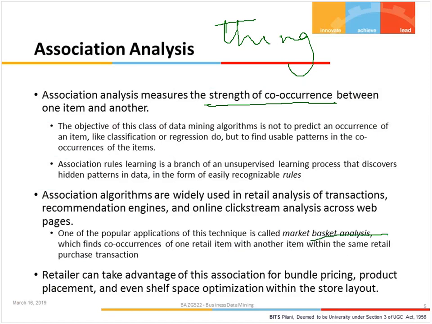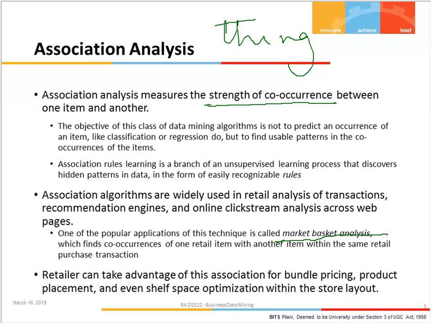In market basket analysis, the interesting findings we expect are: the people who buy potatoes, do they also buy onions? And the people who buy bread, do they also buy butter? So these are the associations that we want to see.